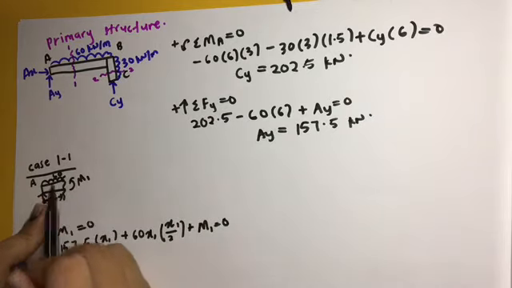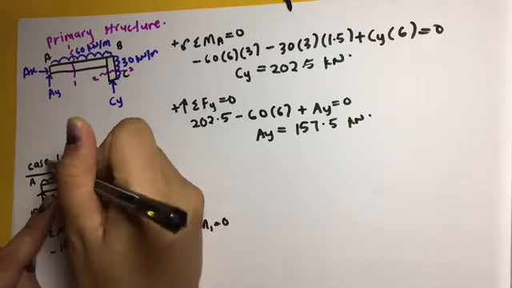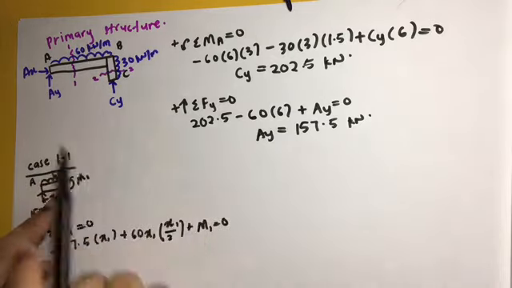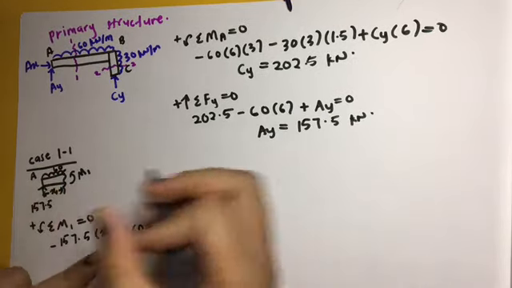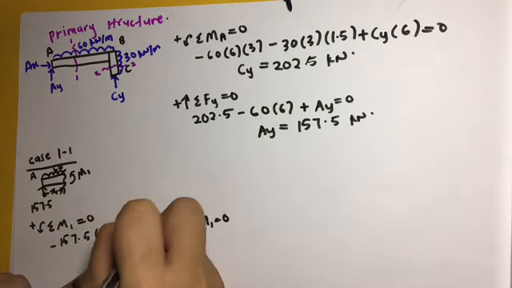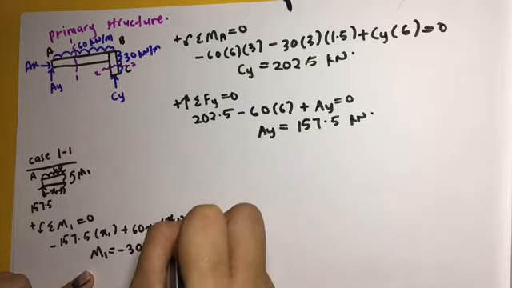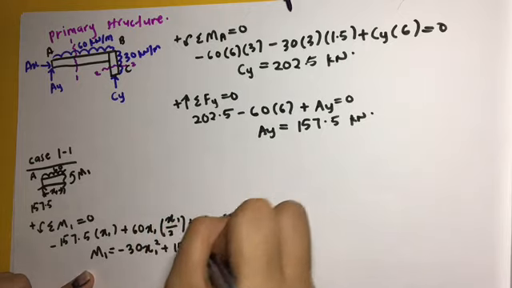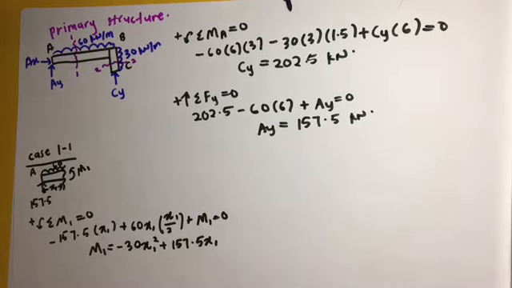So 60 times x, and then we take the middle here. So this is a concentrated force right here, and then we take it in the middle. So hence is x divided by 2. So solving this in terms of m1, we got negative 30x1 square plus 157.5 x1.